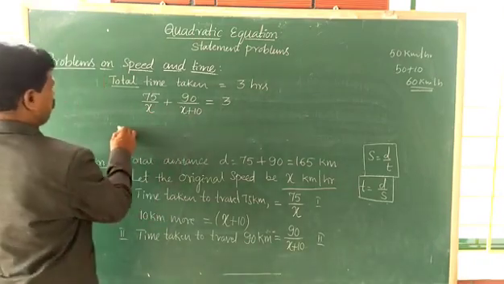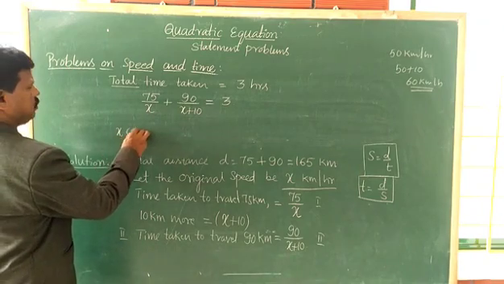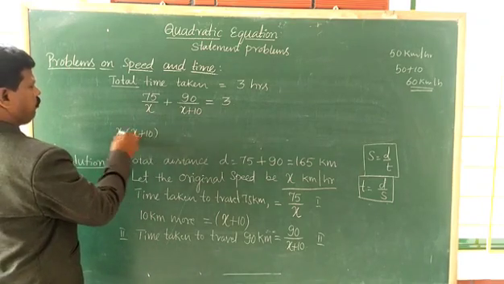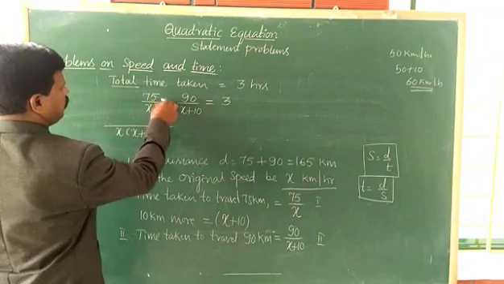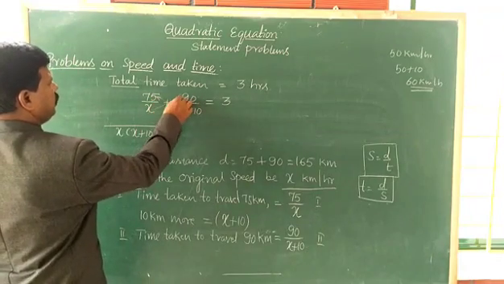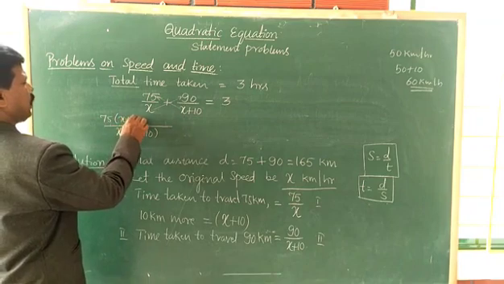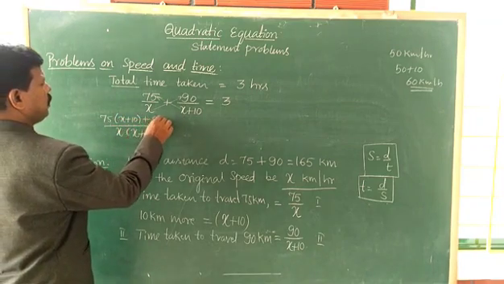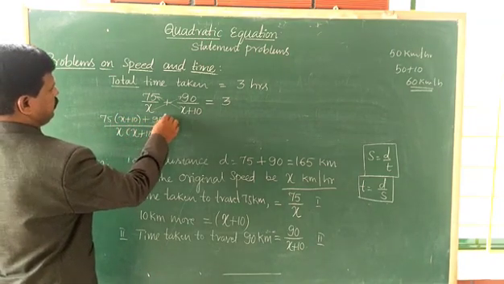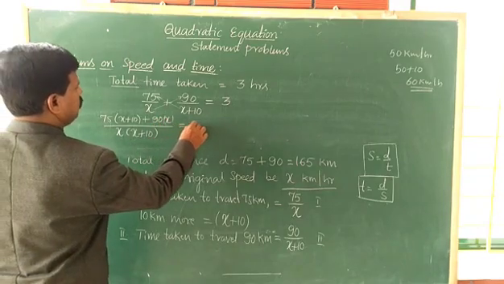Now the LCM is x into x plus 10. Then cross multiplication: 75 into x plus 10 plus 90 into x is equal to 3.